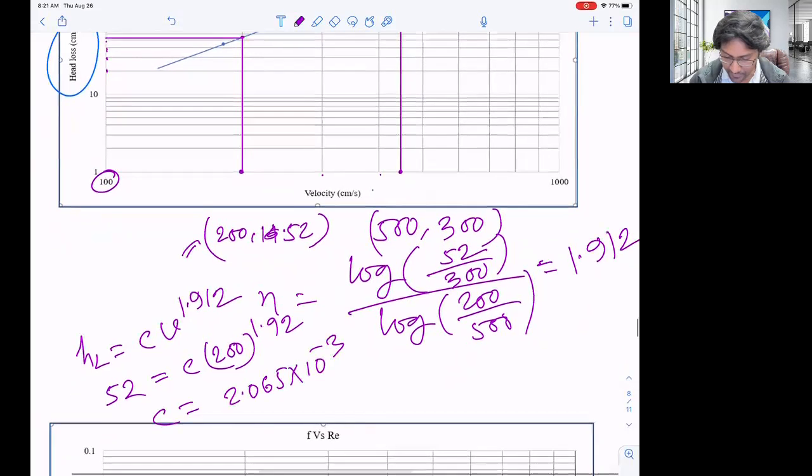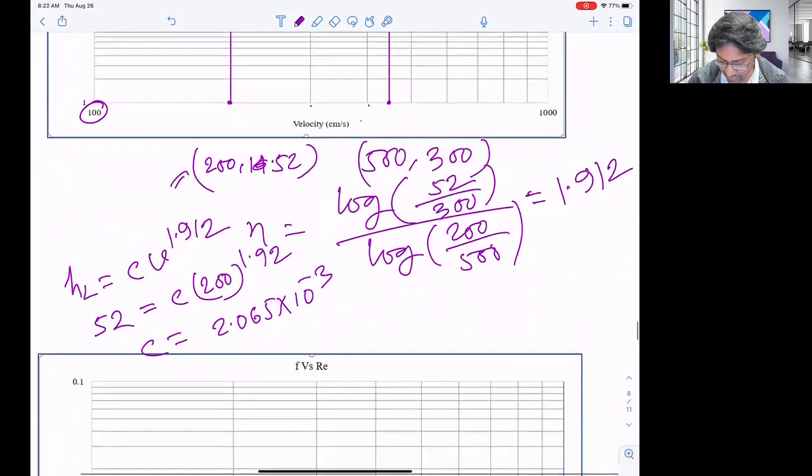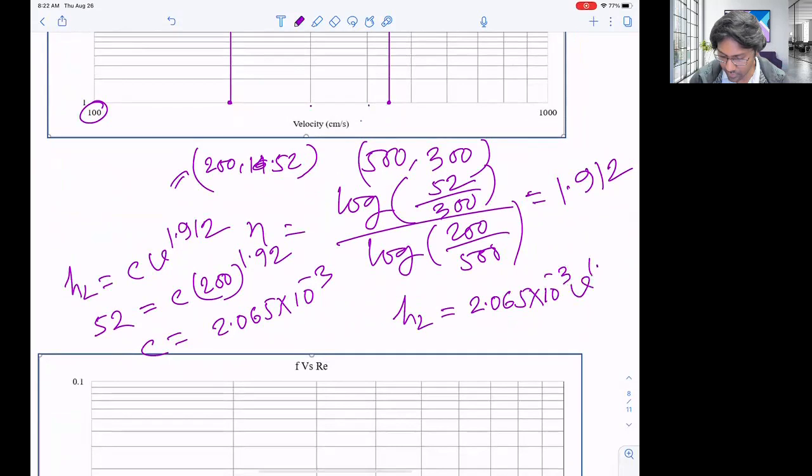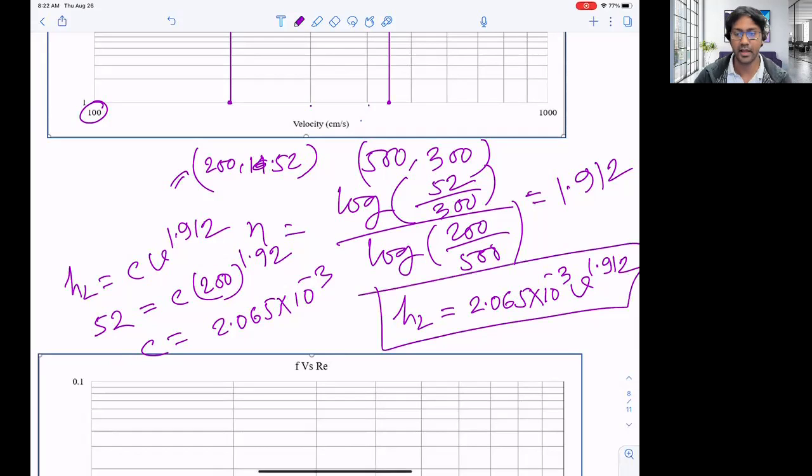So that is the value of C. So the relationship is HL is equal to 2.065 times 10 to the power minus 3 times V to the power 1.912. So that is the empirical relationship we have.